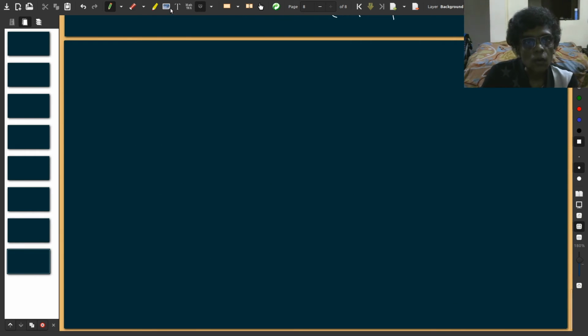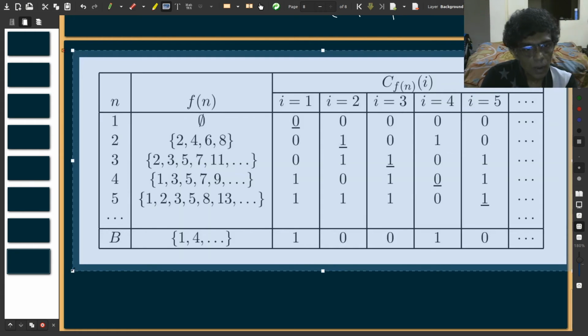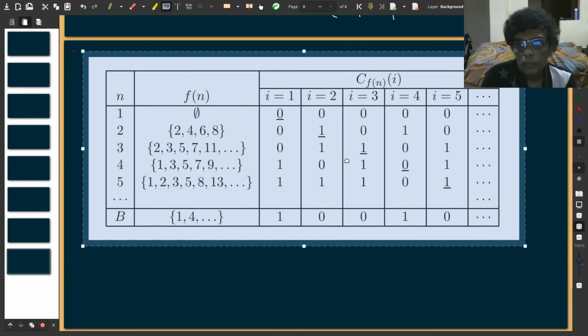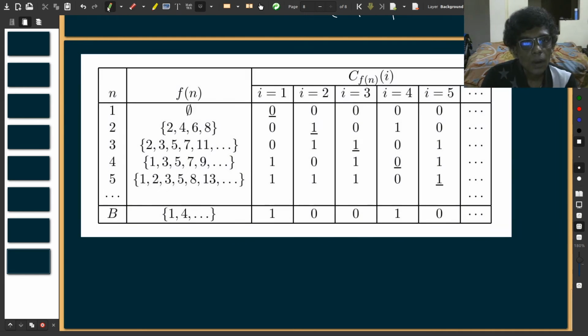Okay. So, in this picture, in this example, I take A equal to N, and let us say that we have enumerated subsets.